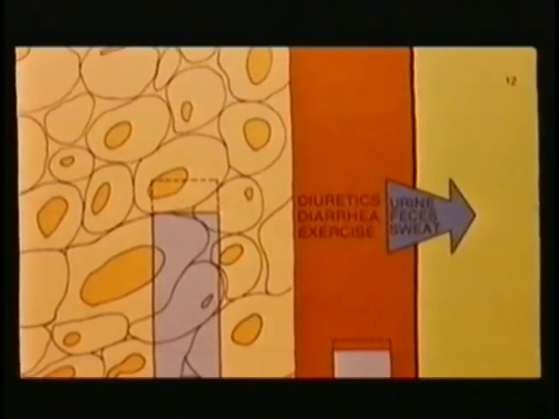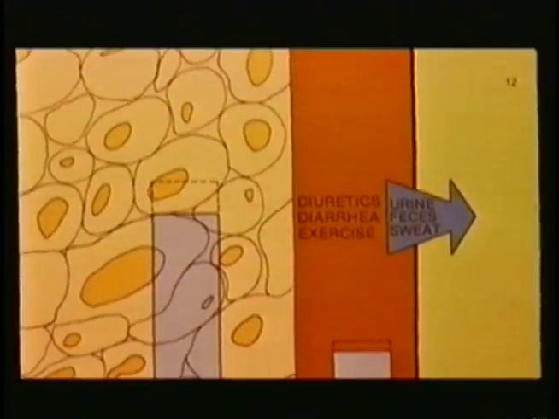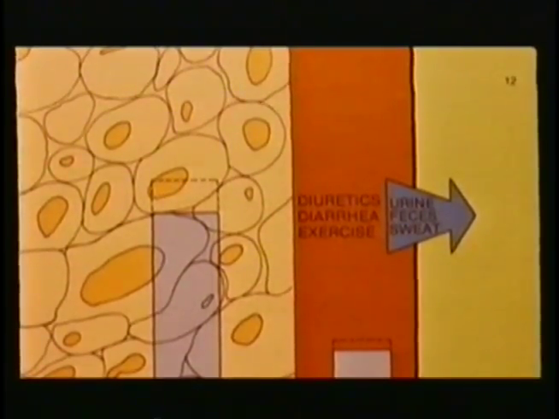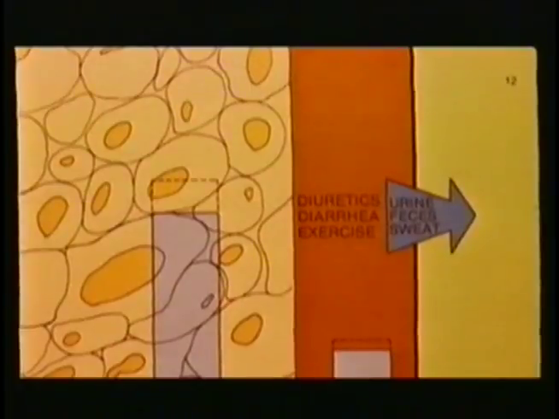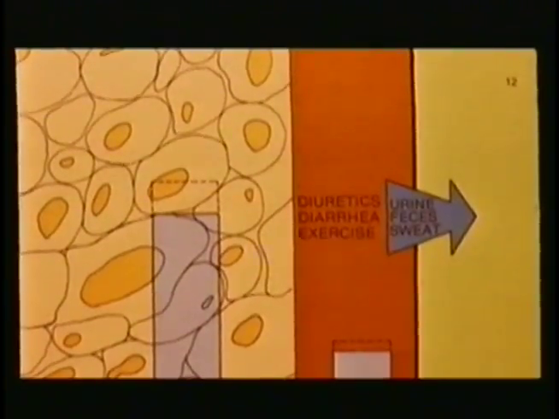For example, with large losses of potassium in urine, as caused by diuretic drugs, in feces, as in diarrhea, or in sweat, as in heavy exercise, both intracellular and extracellular potassium decrease.